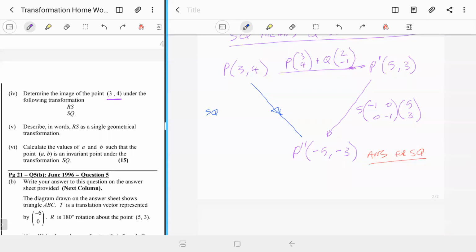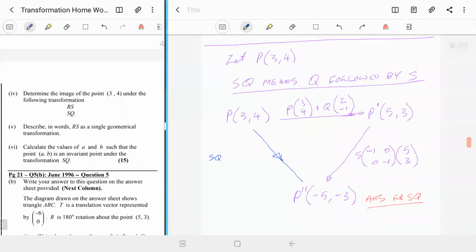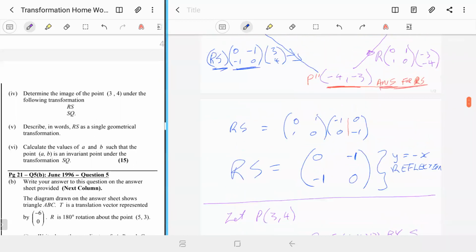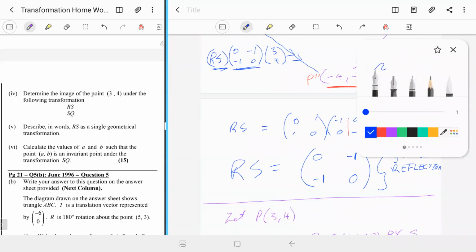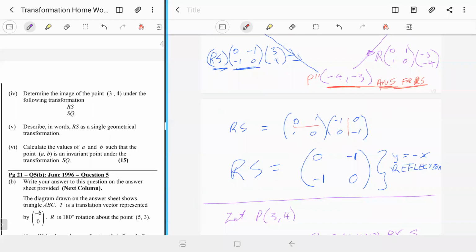Q is a translation. S is the rotation. Anybody unmute your mic and tell me what I must do. Come on, unmute your mic and tell me. Up here I multiply the R and the S because I have two 2x2 transformation matrices, and get a single matrix.